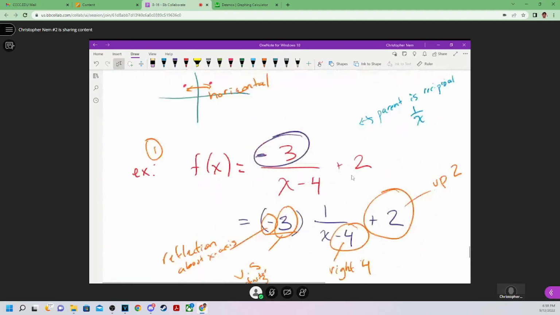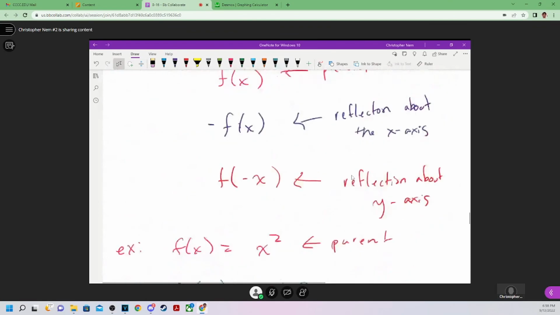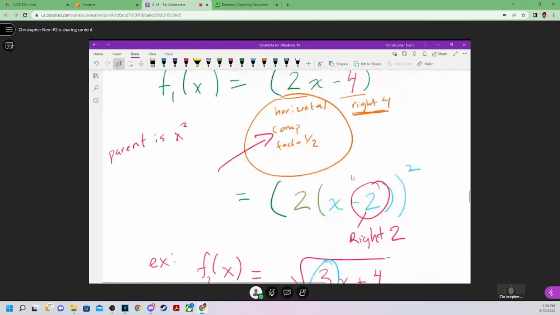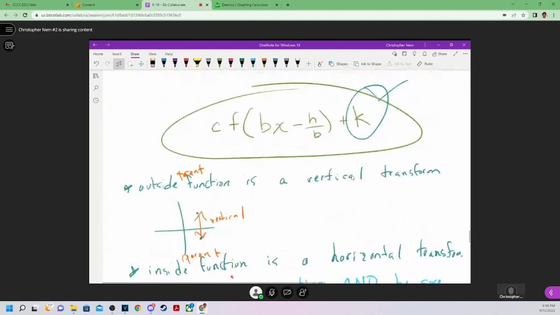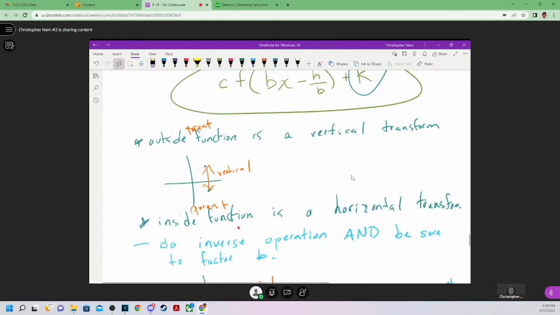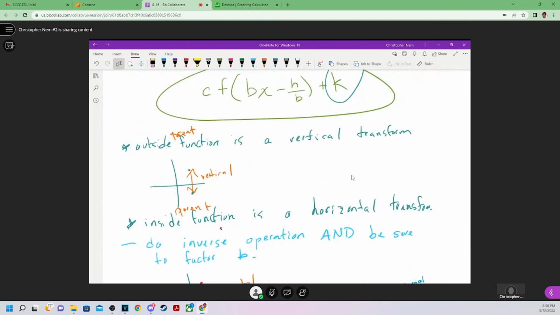We'll talk more about how to graph these later, but this is the gist of all these transformations. I want you especially to highlight these important pieces right here. Let me put a star here.